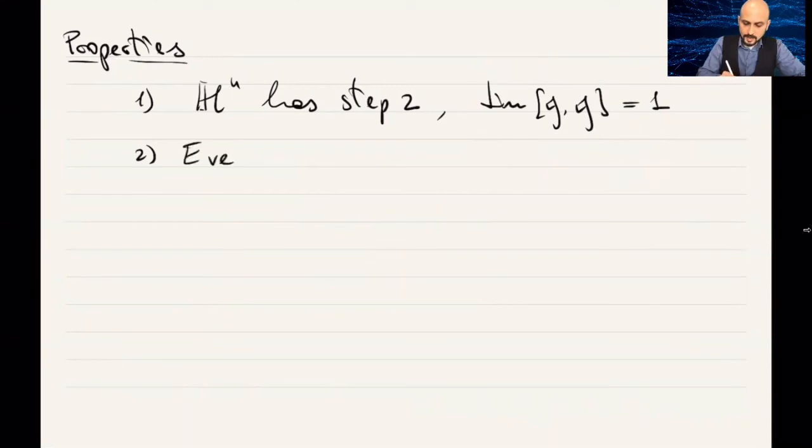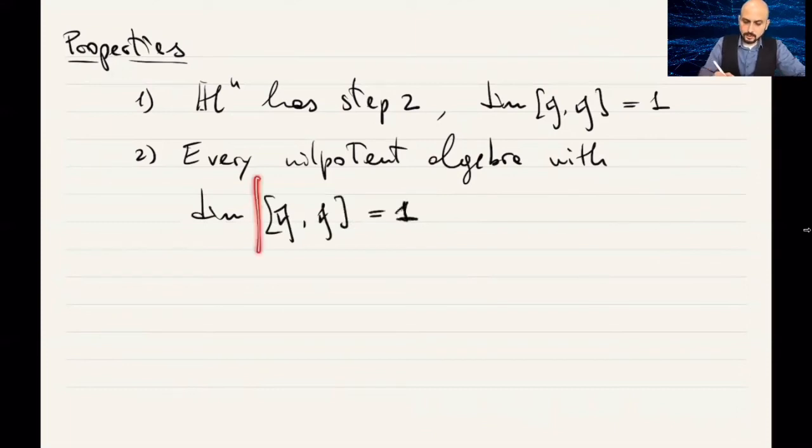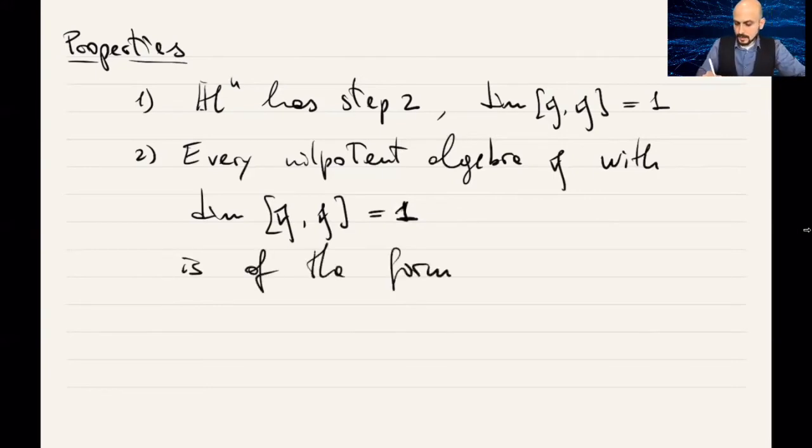One can prove that every nilpotent algebra whose second element of the descending central series, also called the derived subalgebra, has dimension 1, is of the form of some Heisenberg group times the abelian Carnot group Rn.